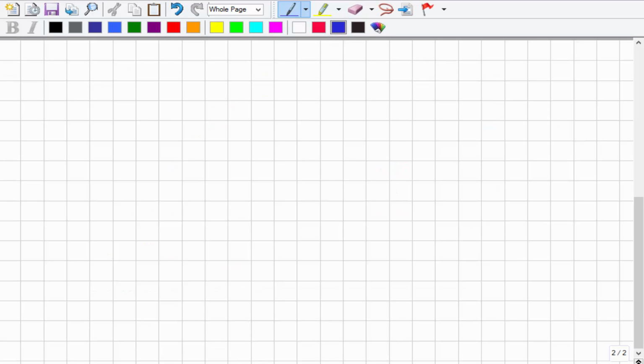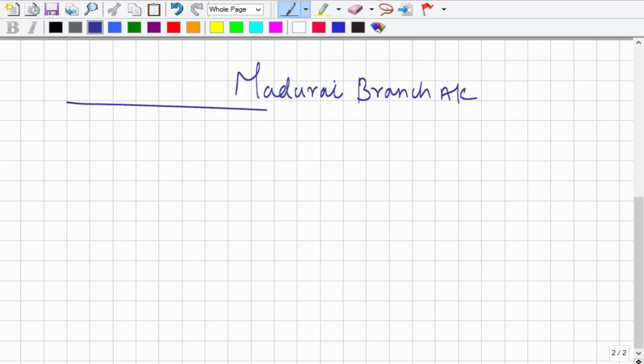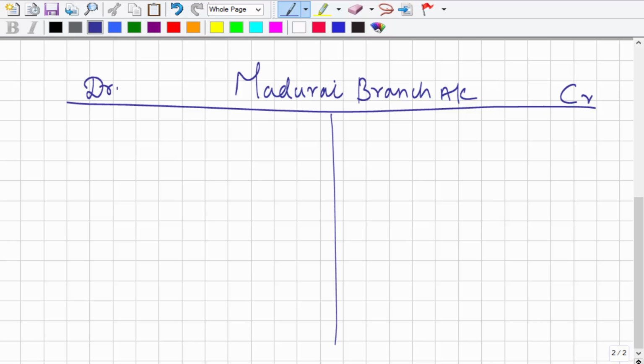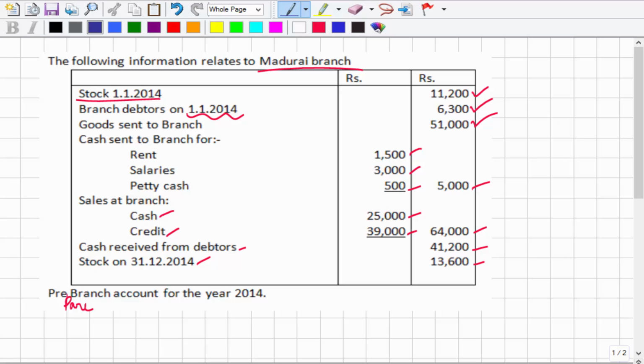So let me put it. Madurai branch account. So we should have debits and credits. First let's capture the opening balances. What are the opening balances we have?